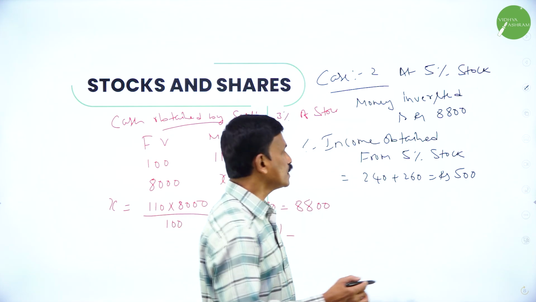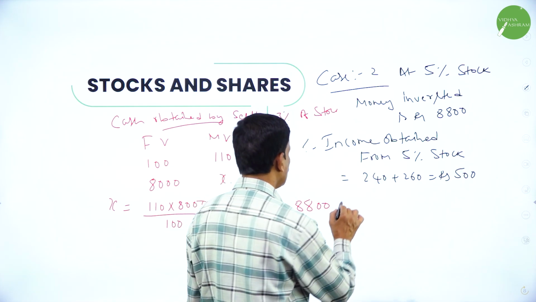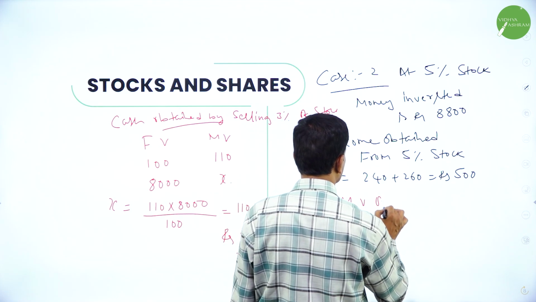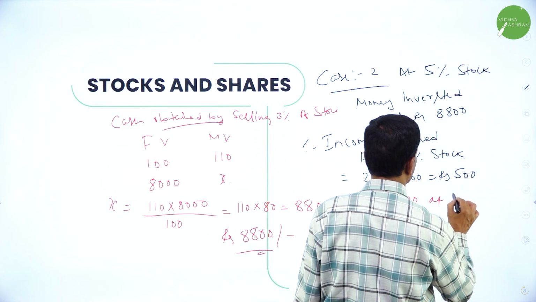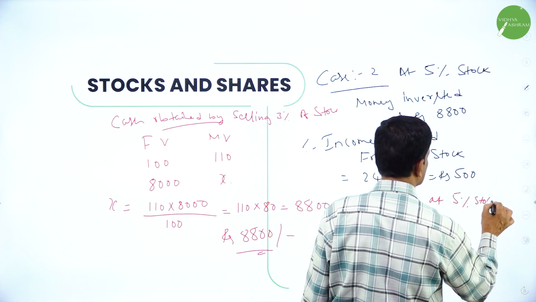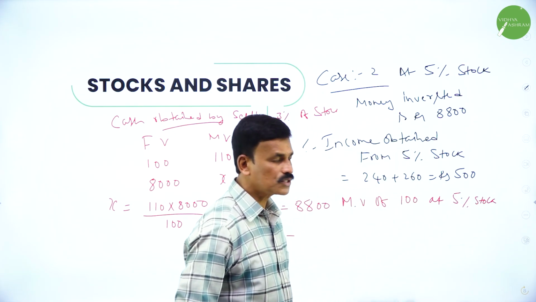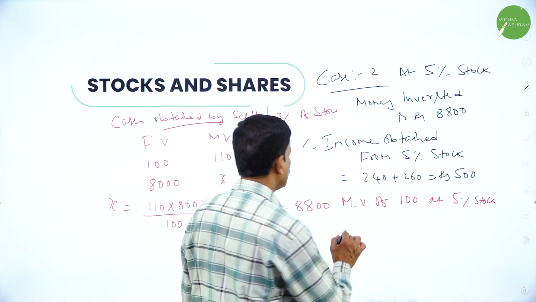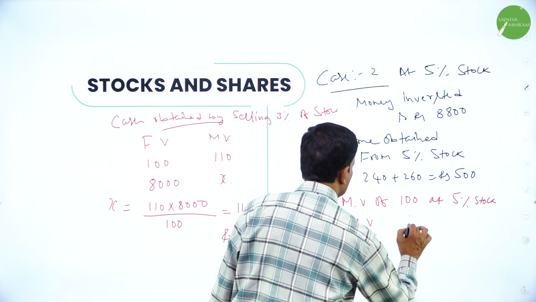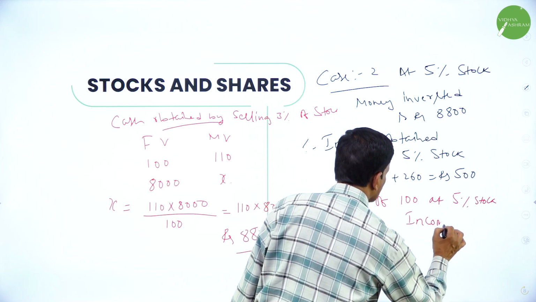Right. Now calculate the market value. Just find out the market value of rupees 100 at 5% stock. So that is market value and income.